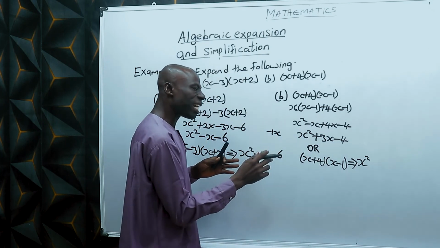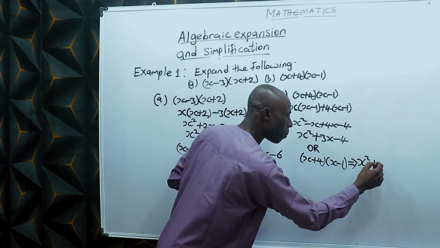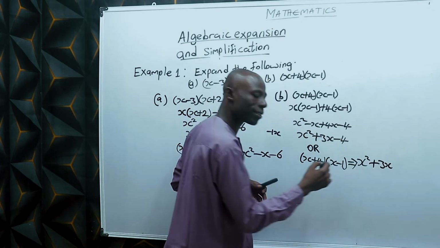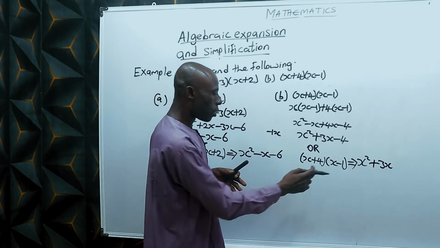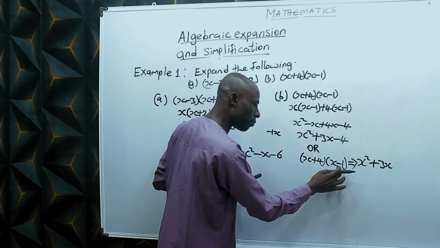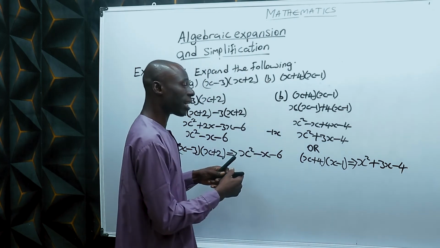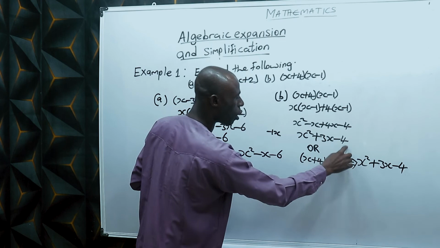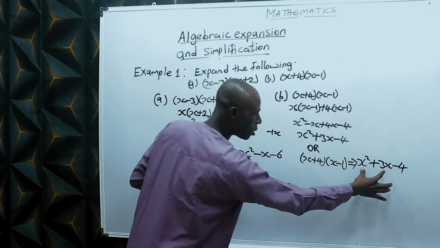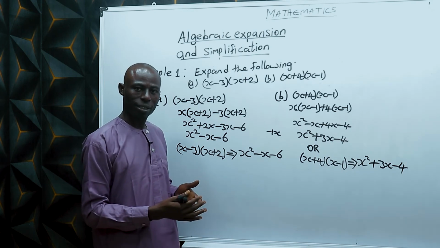That positive 3 is the coefficient of the variable. You now have positive 3x. Multiply the two constants, positive 4 times negative 1, that gives you negative 4. You can see that the answer will be exactly the same. What we get when we do the practical approach is the same thing we get when we do the direct approach. I want to believe you understand.